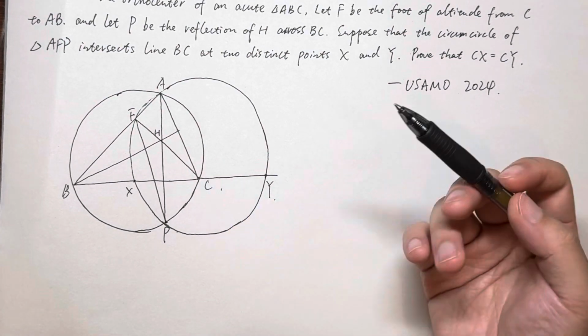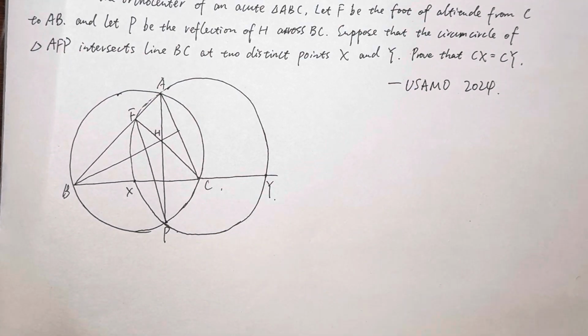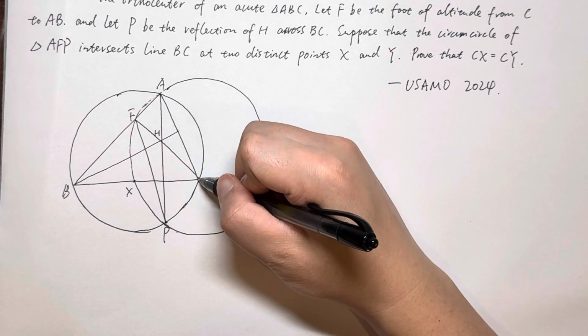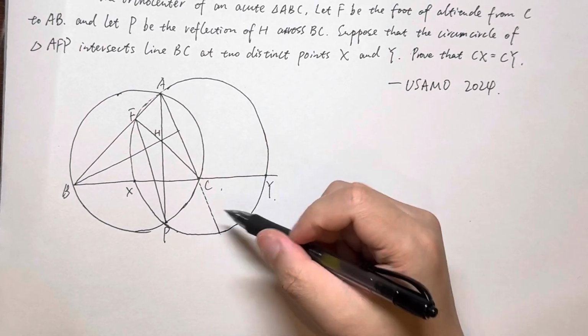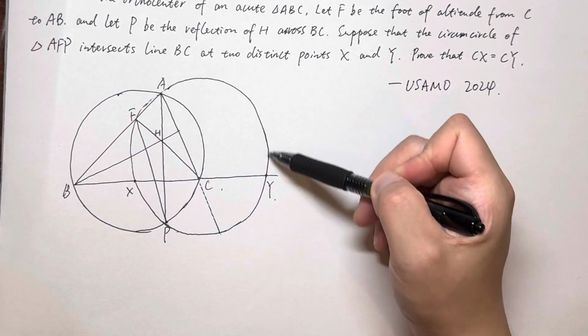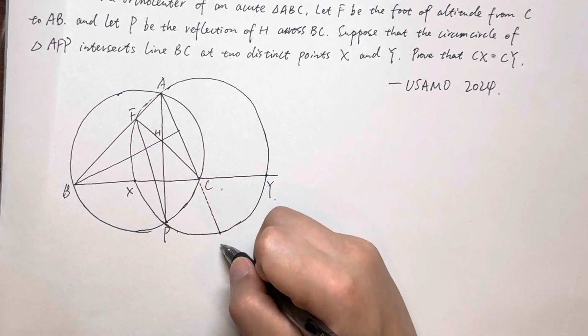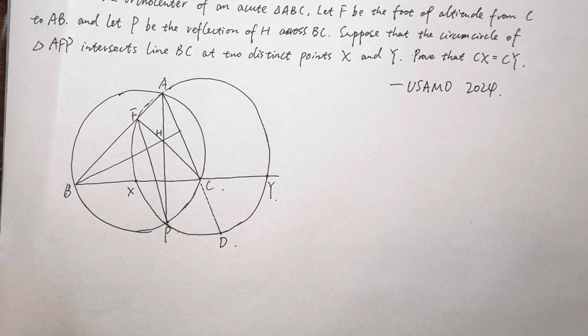Let's think about it: if CX equals CY, and we extend AC to meet the circumcircle of triangle AFP at a point, let's call it D, right?